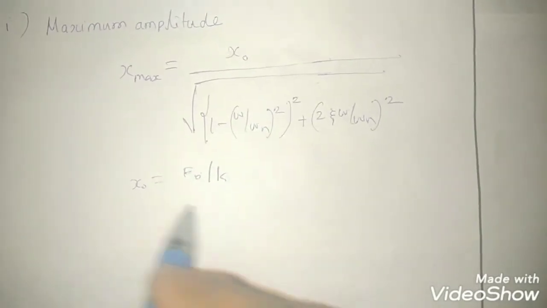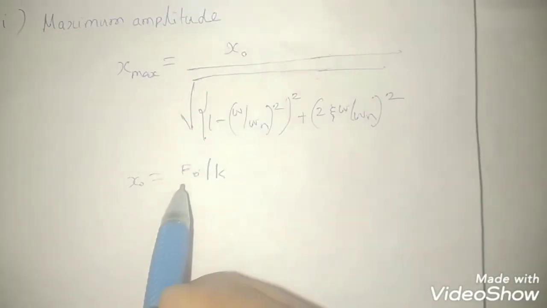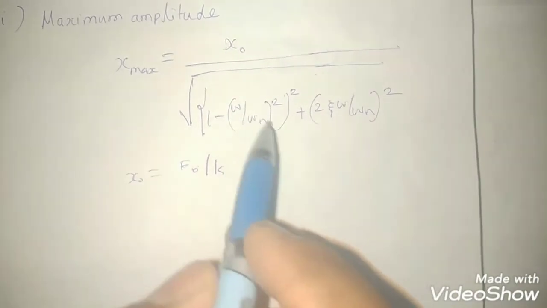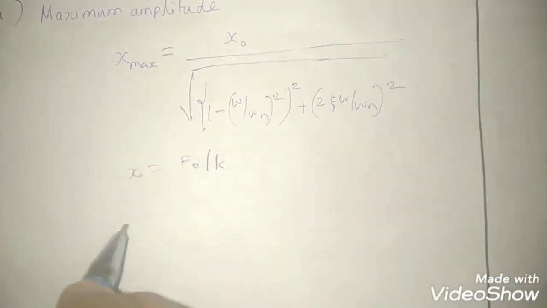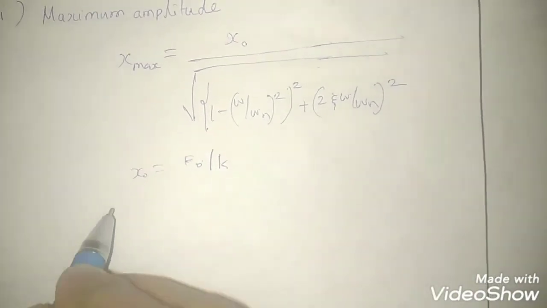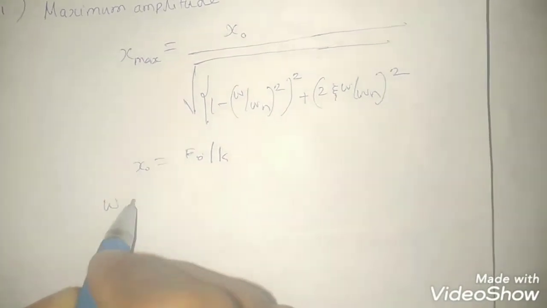So by substituting the values of f naught, k and omega by omega n, the omega and omega n are not given. We have to find out omega and omega n.